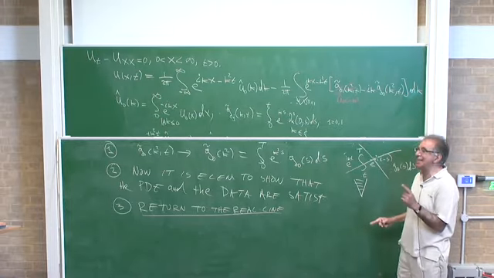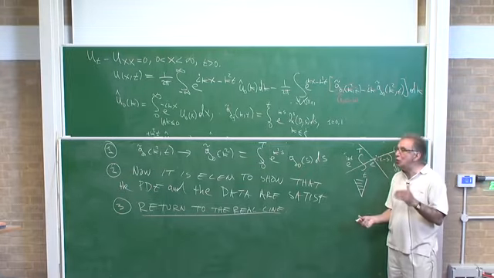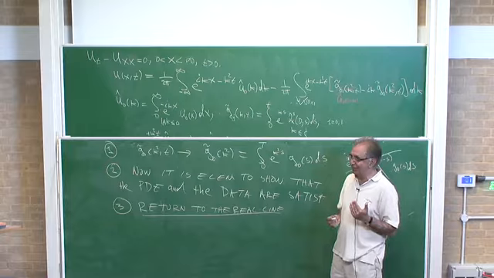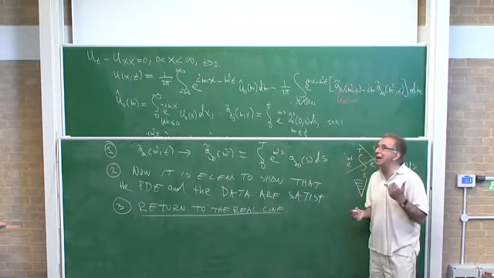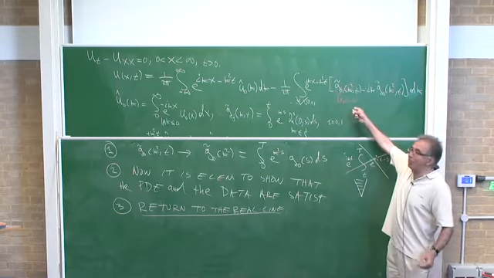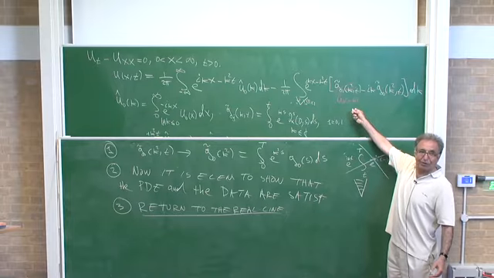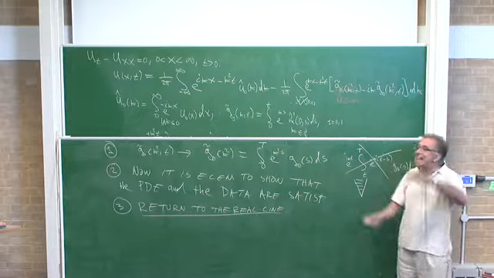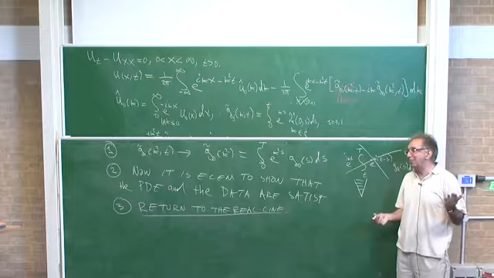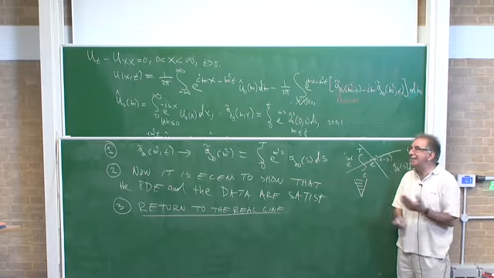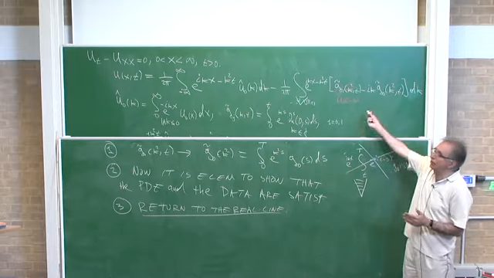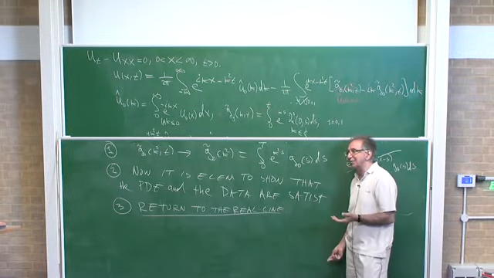My claim is that after you use the global relation, in general, you cannot come down, because you will not have enough analyticity. But this problem is too simple, because here you have minus k, and this function is analytic in the entire upper half plane. So you have enough analyticity here to allow you to return to the axis, and if you return to the axis, you will recover the sine transform.